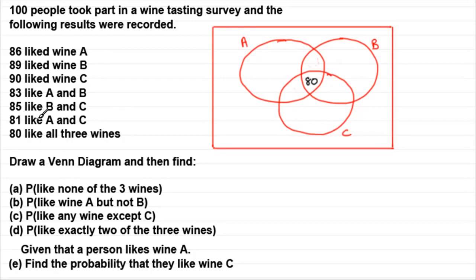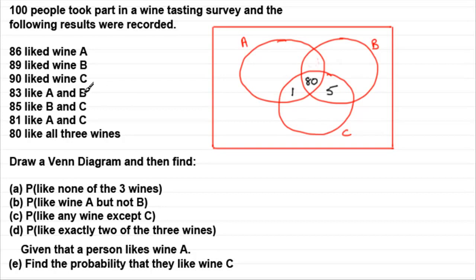We've got 81 like A and C. Now A and C was these two regions, so clearly we've already got 80, and there'll be one here, 81 like A and C. This one here just says that one person likes A and C only, or just A and C. Now we can go to the 85. 85 like B and C. So B and C is this 80 and this region here. So we need another 5. 85.